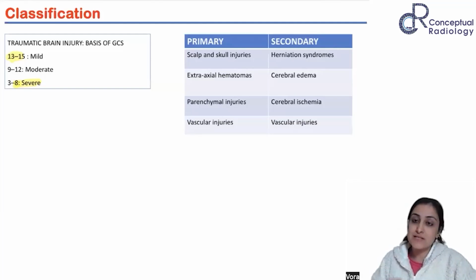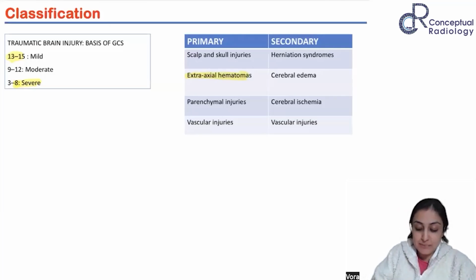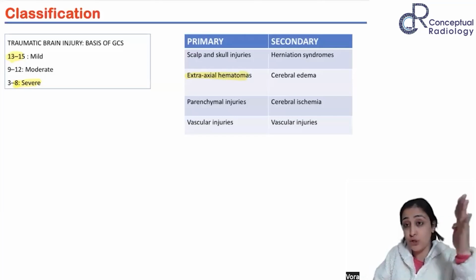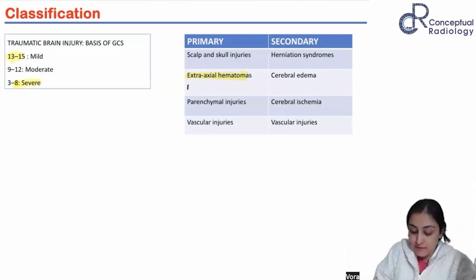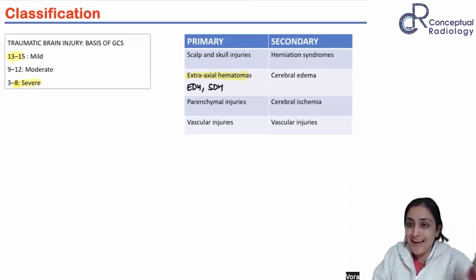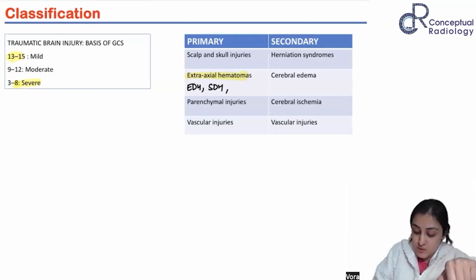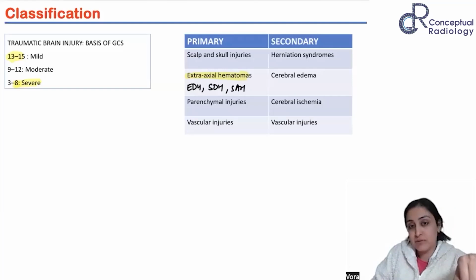Extra-axial hematomas, parenchymal injuries, and vascular injuries. So extra-axial hematomas, we will be reading them under 3 heads, as I'm sure you all know. Outside the dura, we call them extradural hematoma. SDH, subdural hematoma, between dura and arachnoid. Between arachnoid and pia mater in the cisterns, so this is subarachnoid hemorrhage.